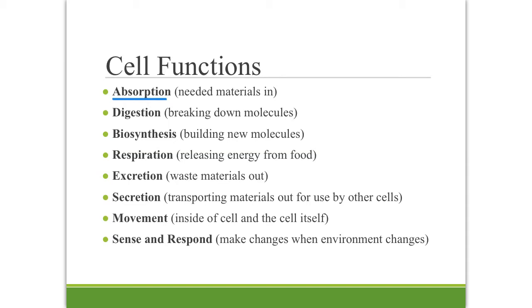Things coming in is known as absorption, and then those substances need to be digested or broken down into smaller molecules, and then rearranged into the particular molecule that cell needs by biosynthesis. We've talked about digestion and biosynthesis using hydrolysis as an example of digestion, and dehydration synthesis as an example of biosynthesis, when we were talking about the biological molecules.